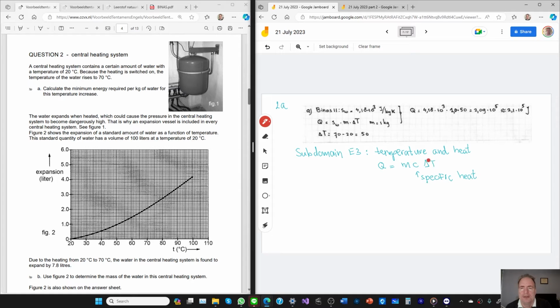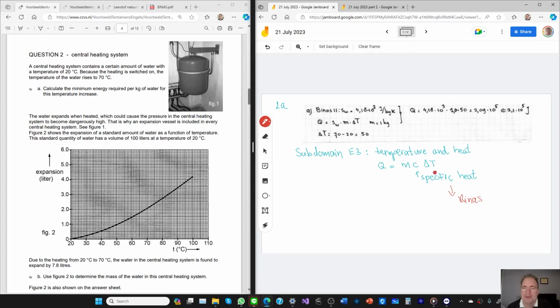We know the delta T is 50, and we know the specific heat of water, and this we can figure out from the data booklet.